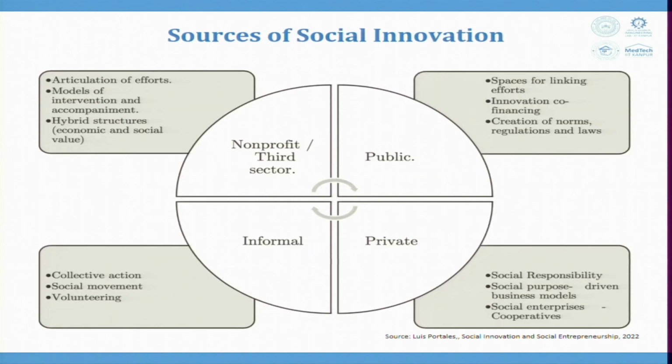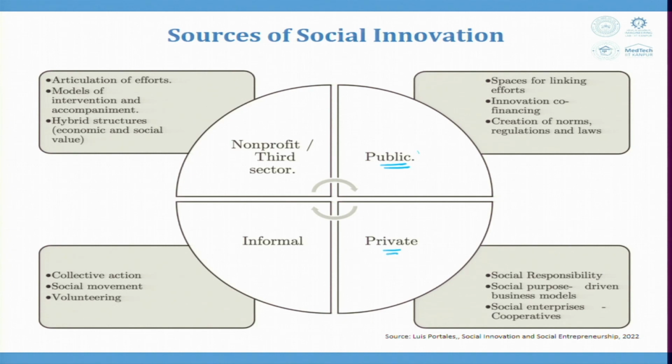When we talk about sources of social innovation, public gives you space for linking efforts. It helps in innovation co-financing. It helps in the creation of norms, regulations and laws. These are some of the things which fall under public.